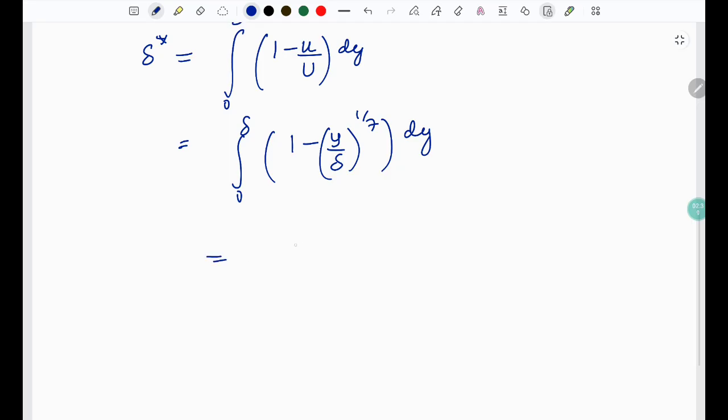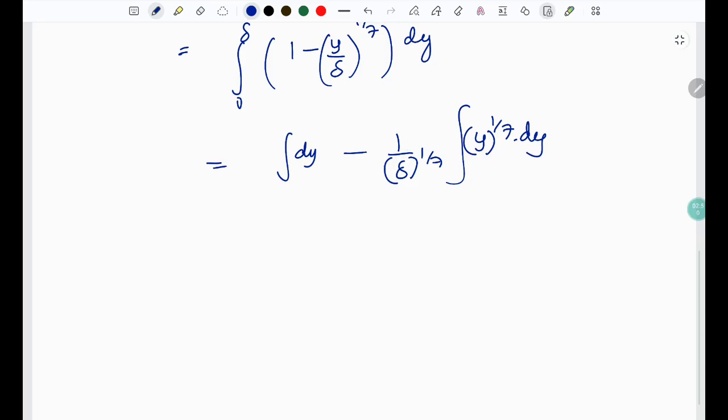We'll be integrating, we'll get the integration of dy minus 1 by delta to the power 1/7 times y to the power 1/7 dy, from 0 to delta.